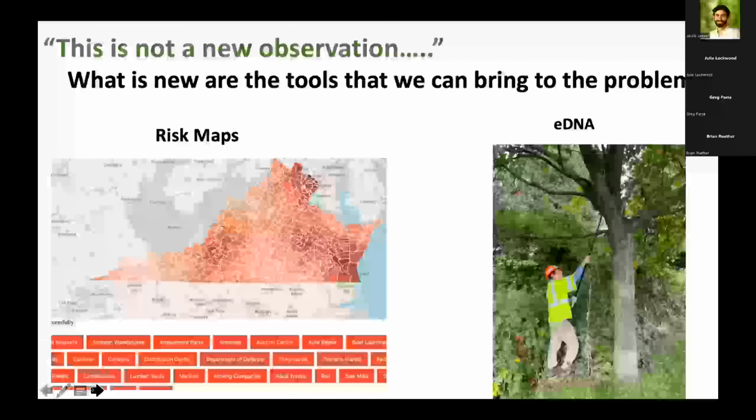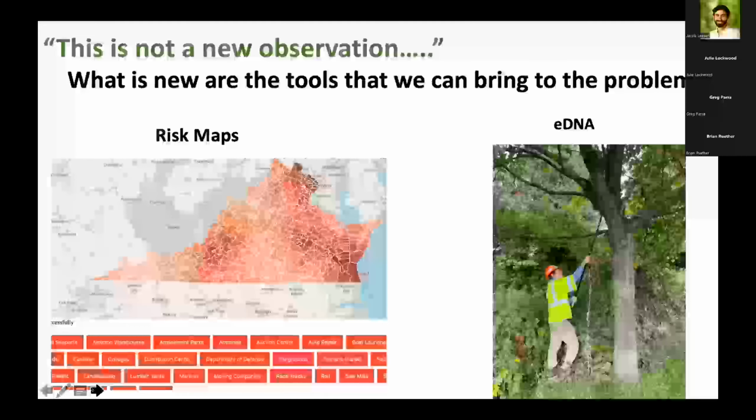So we've been trying to port over some of that experience from those other areas into thinking about invasive insect pests. It's just a molecular tool that allows you to find the DNA that's left behind by your target insect. So you have the ability to do sight-unseen detections, and finding DNA, even really trace amounts of DNA, turns out to be a lot easier than finding them visually or in a trap.